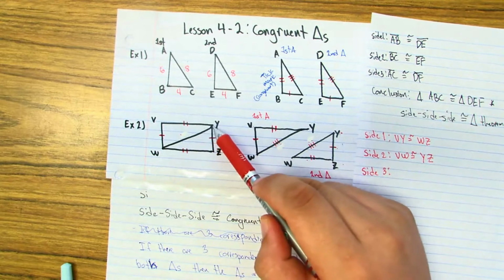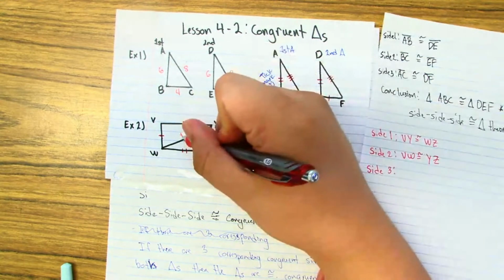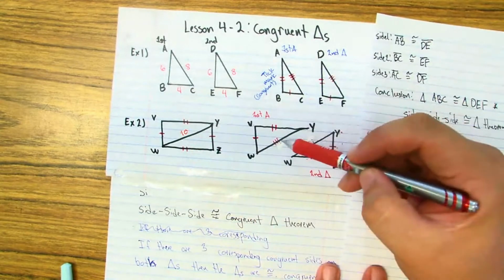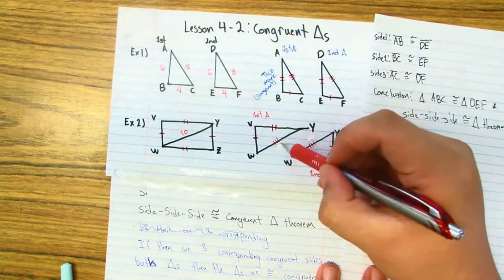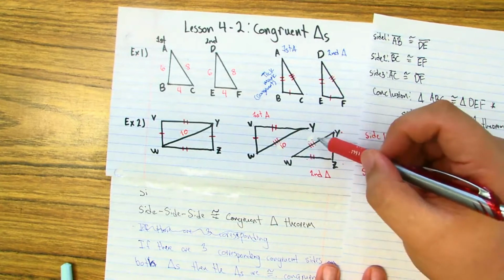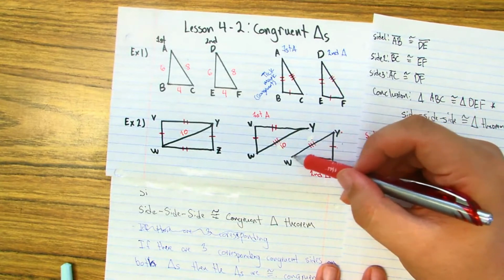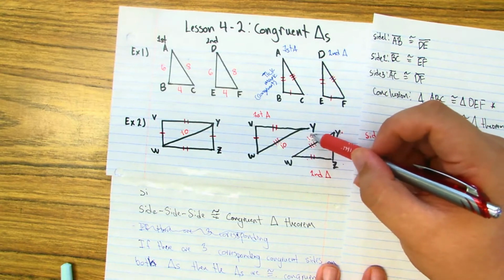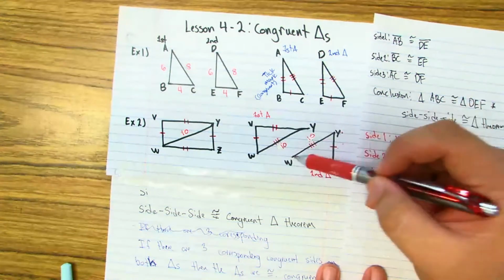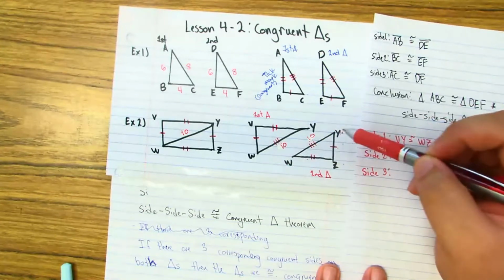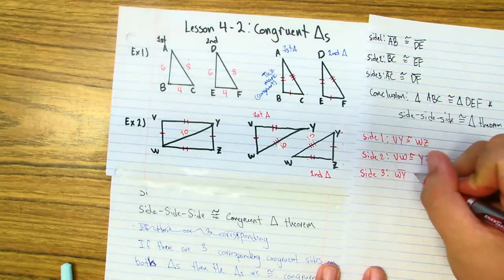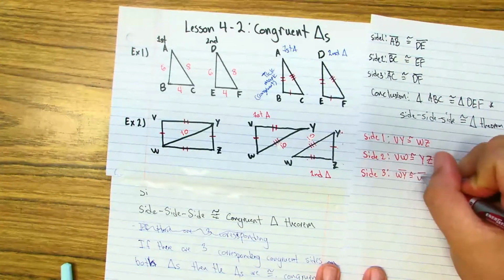Let's just say an example, I gave it the value of 10. If I gave this value of 10, then I know that WY has the value of 10. And the other side here also has the segment WY, which will also have the value of 10. That means that WY will be congruent to itself. So we can state that as a third statement: WY is congruent to WY.